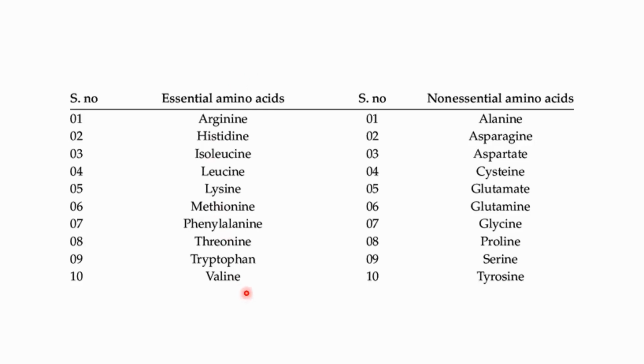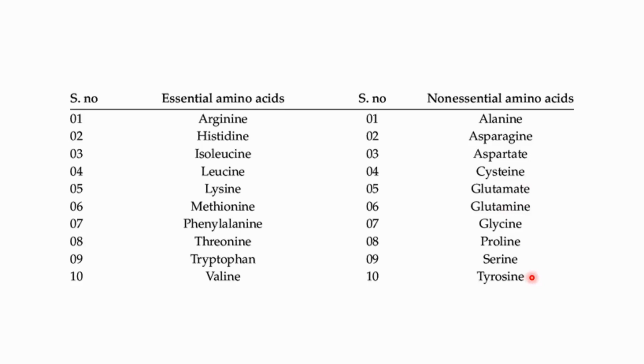So this is the list of essential amino acids. There are 10 essential, out of 20: 10 are essential amino acids and 10 are non-essential amino acids. So arginine, histidine, isoleucine, leucine, lysine, methionine, phenylalanine, threonine, tryptophan, and valine are the essential amino acids, while alanine, asparagine, aspartate, cysteine, glutamate, glutamine, glycine, proline, serine, and tyrosine are non-essential amino acids.